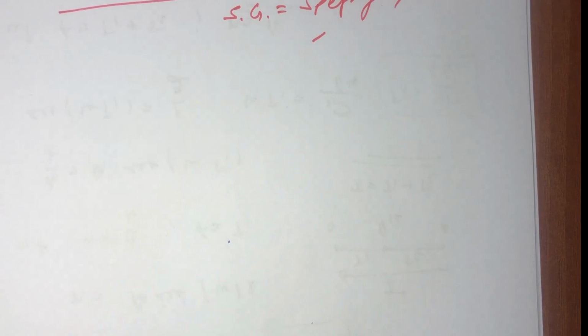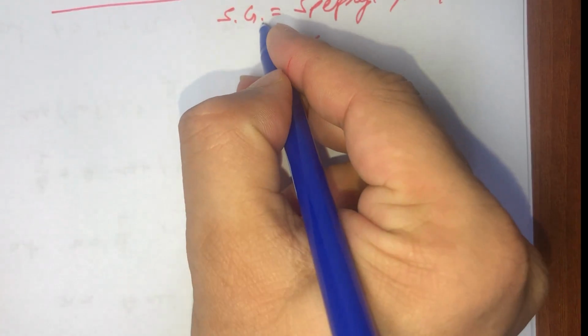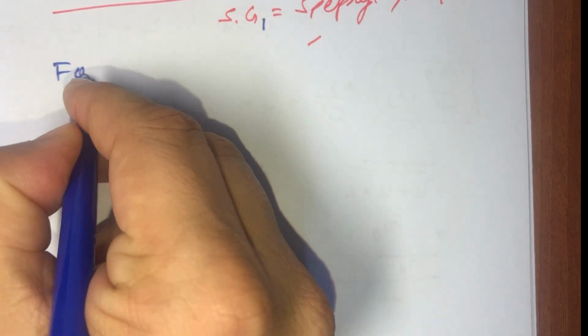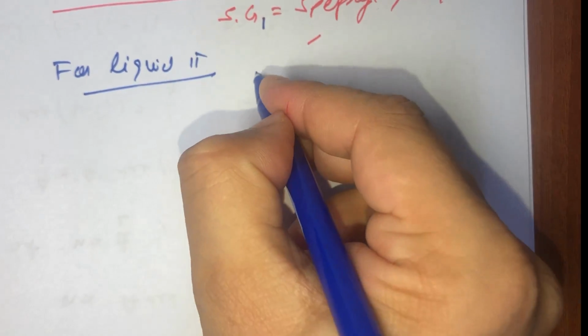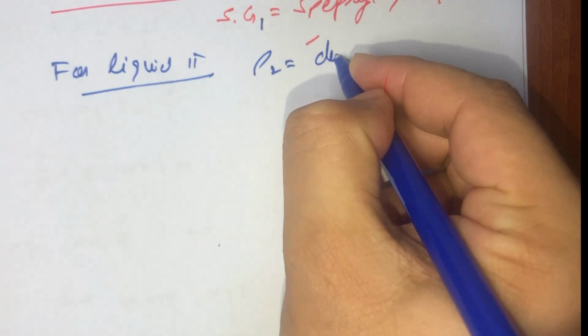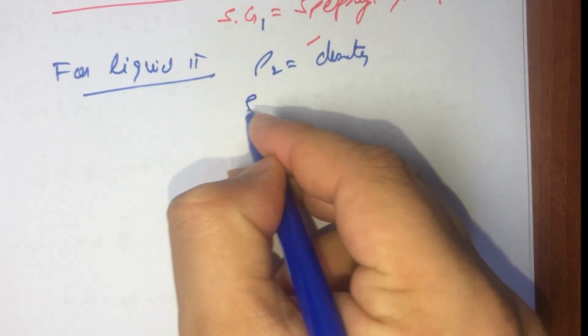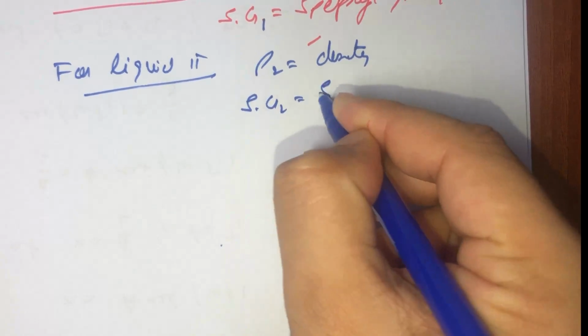And similarly for liquid 2, rho 2 is its density, and SG2 is its specific gravity.